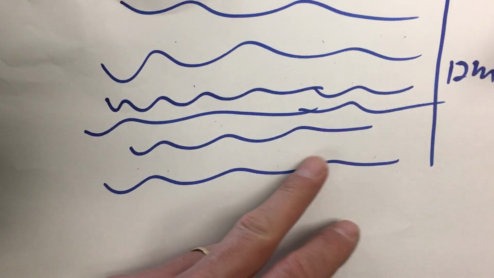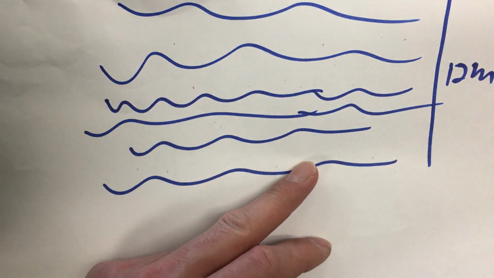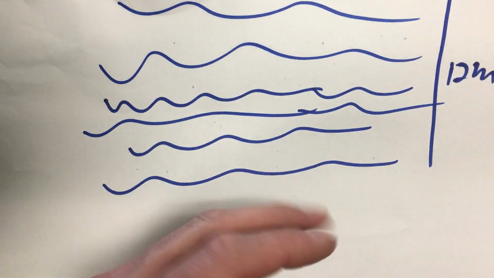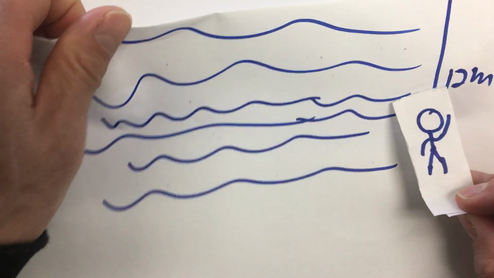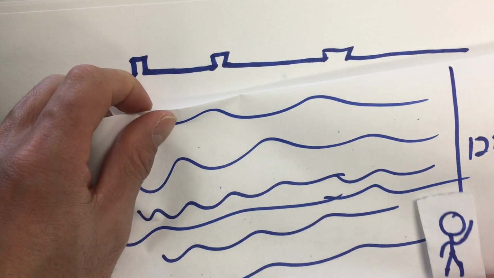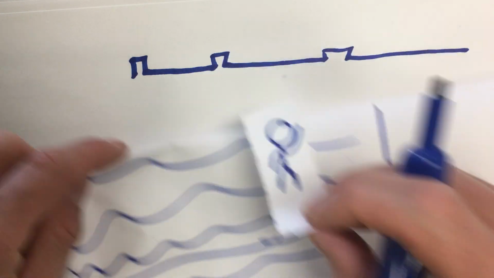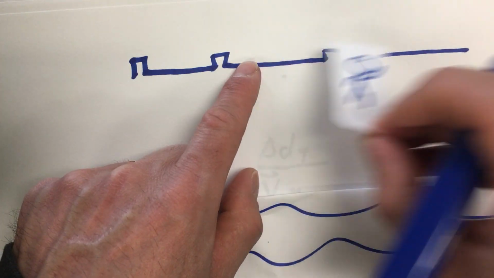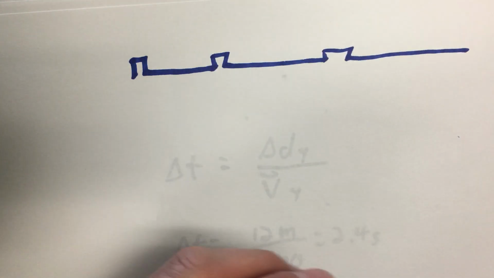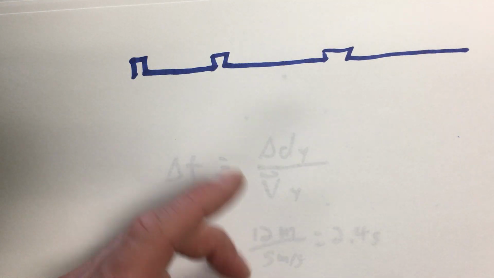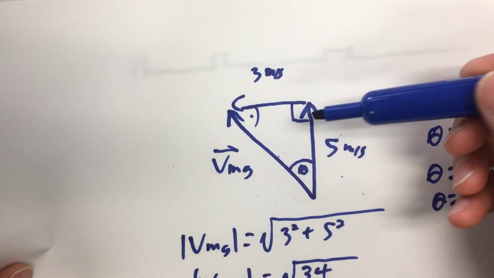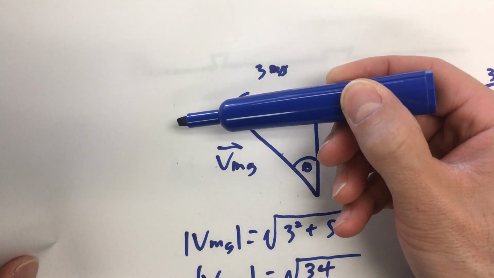Okay, so where did the man go here? Here we go. So 2.4 seconds after he started swimming, he's made his way across. How far up the river did he end up? Well, for that, we have to look at his horizontal component of his velocity.